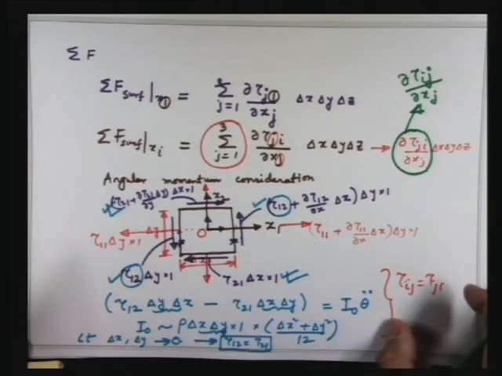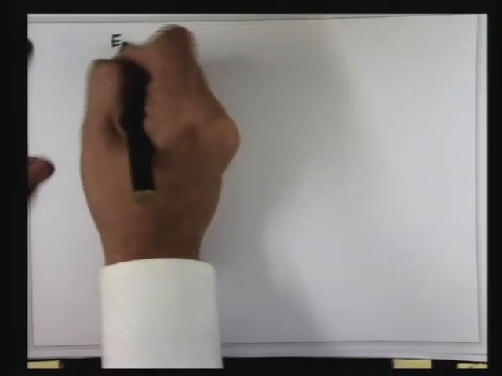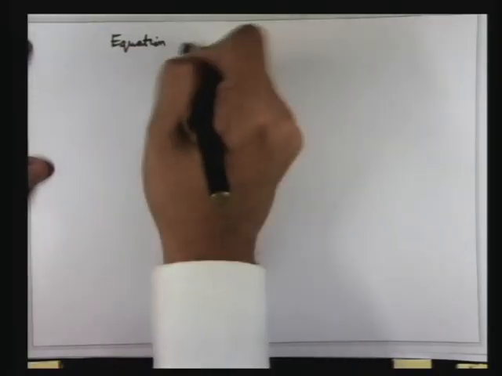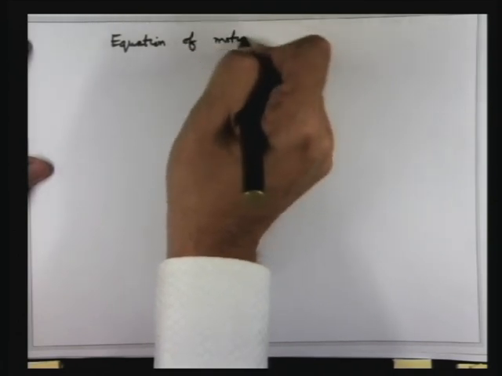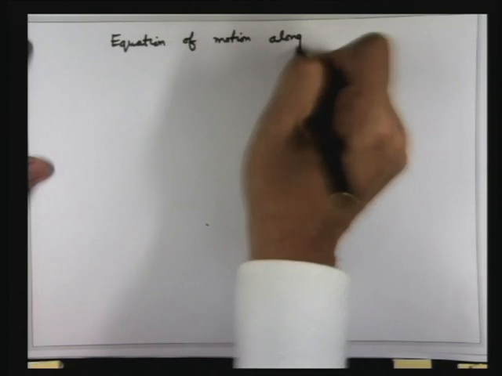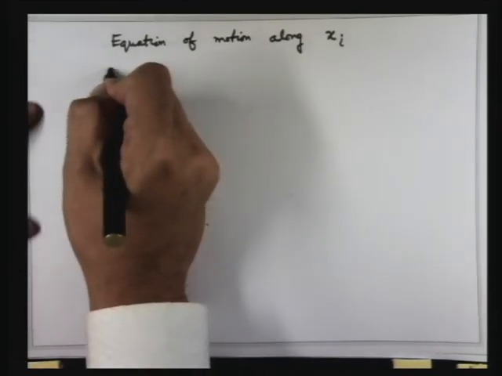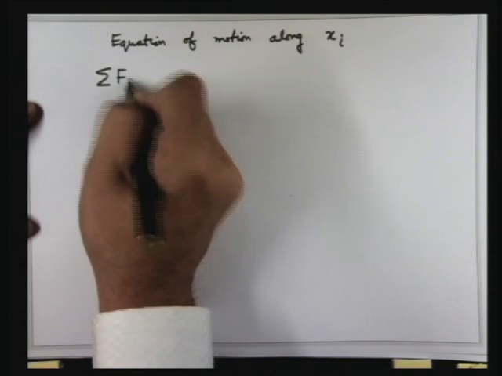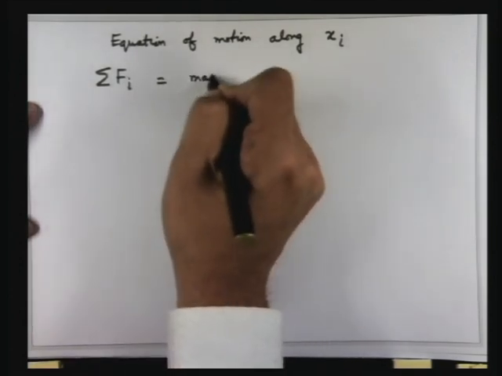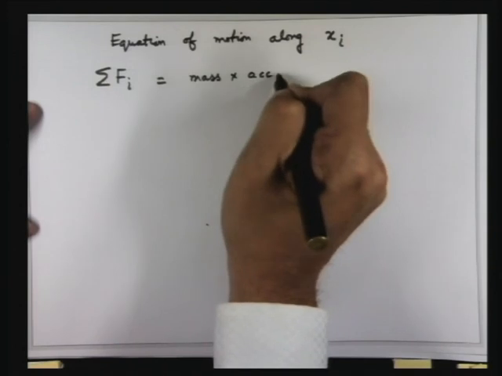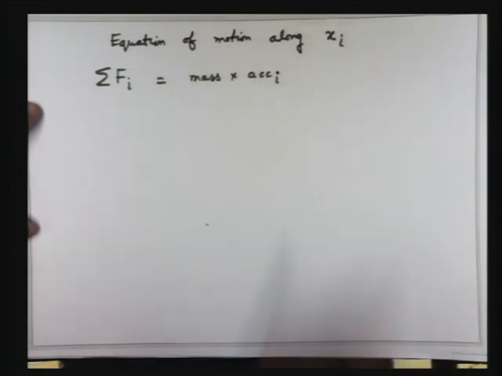Now let us write the equation of motion along xi. What is equation of motion along xi? Resultant force along i is equal to mass times acceleration along i for the fluid element.